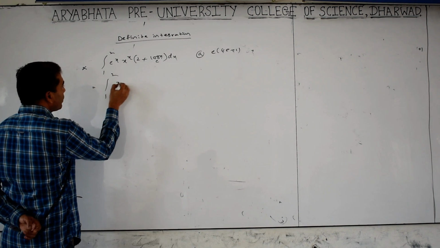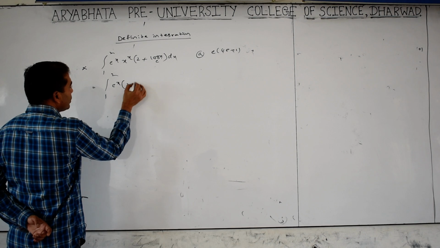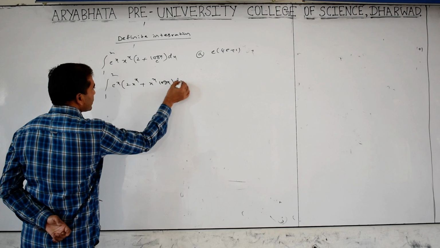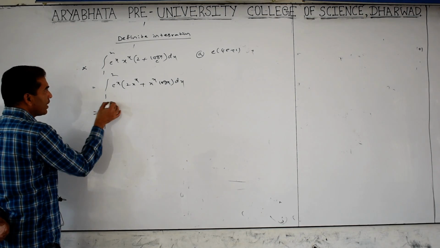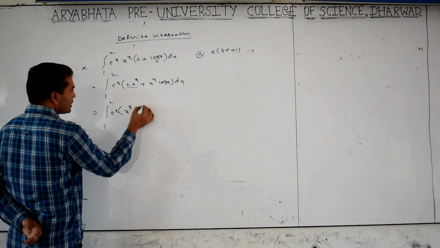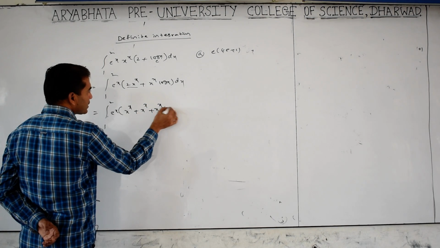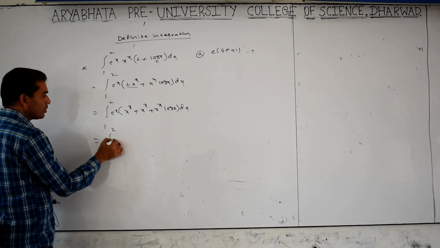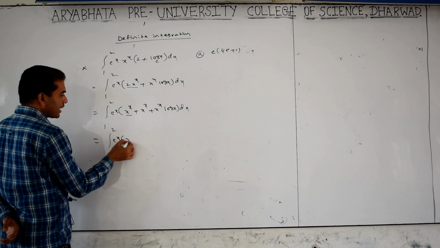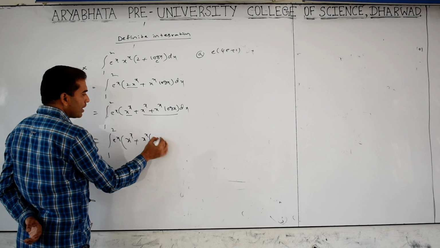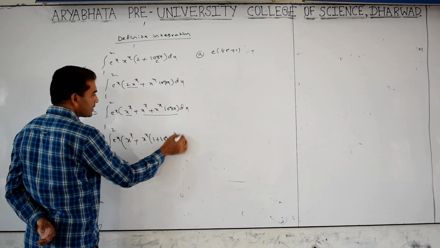Take 2 inside: x power x into log x. Integration from 1 to 2 of e power x, I can write this as x power x plus x power x log x dx. Take x power x common: x power x into (1 plus log x) dx.